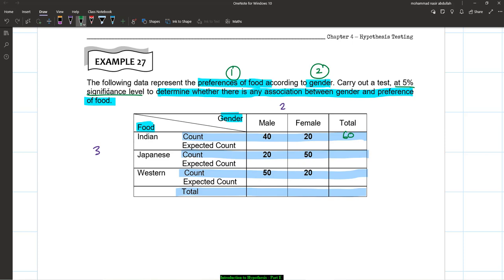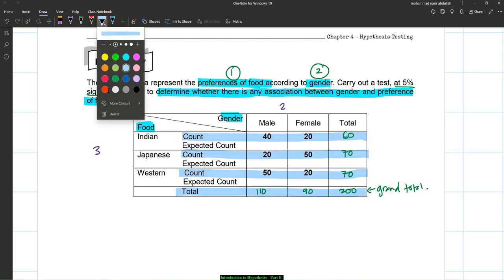This is the total for Indian food. Total for Japanese food is 70. Total for Western food is also 70. Then we need to find the total for male, which is 110, and the total for female is 90. This is what we call the grand total. The total for the whole observation is 60 plus 70 plus 70, equal to 200. 110 plus 90 also equals 200.